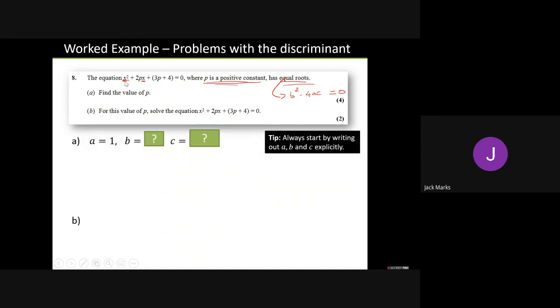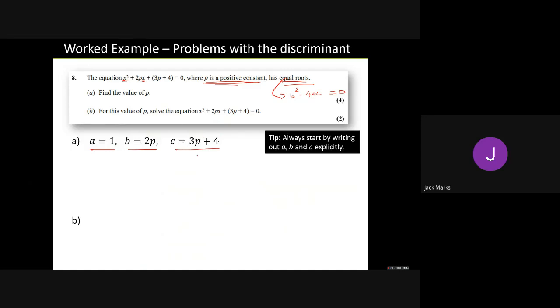Well, a is 1 because 1x squared is written as x squared. B is 2p, because 2 and p are in front, and p is the mystery number. And c is actually an expression. It is very common to be given a question like this where maybe 1 or 2 of them are numbers and one of them is a bit more difficult.